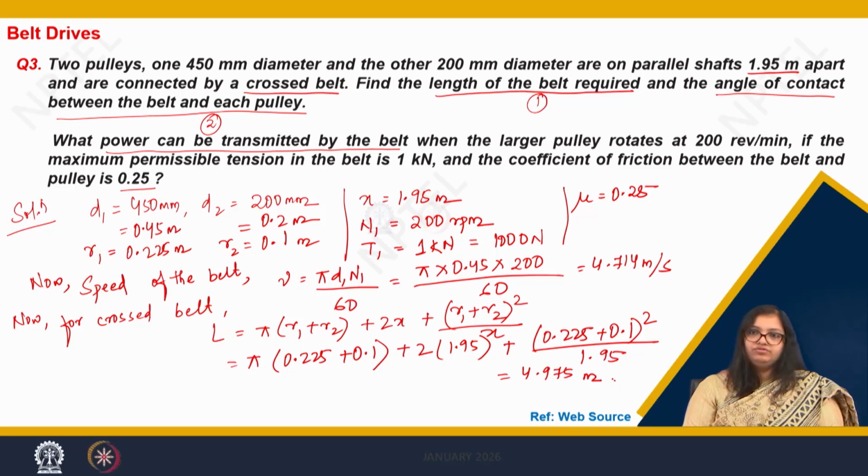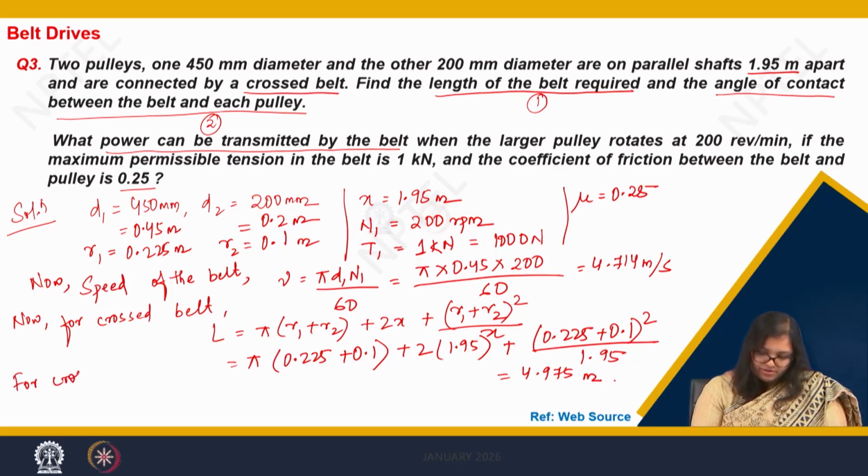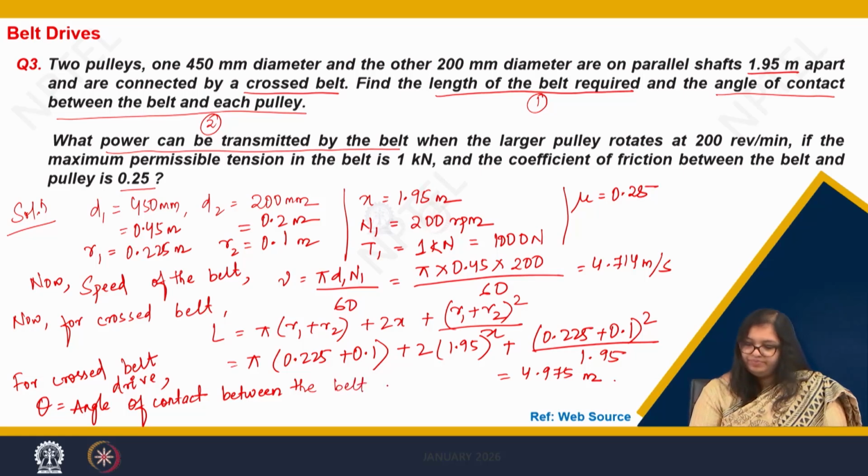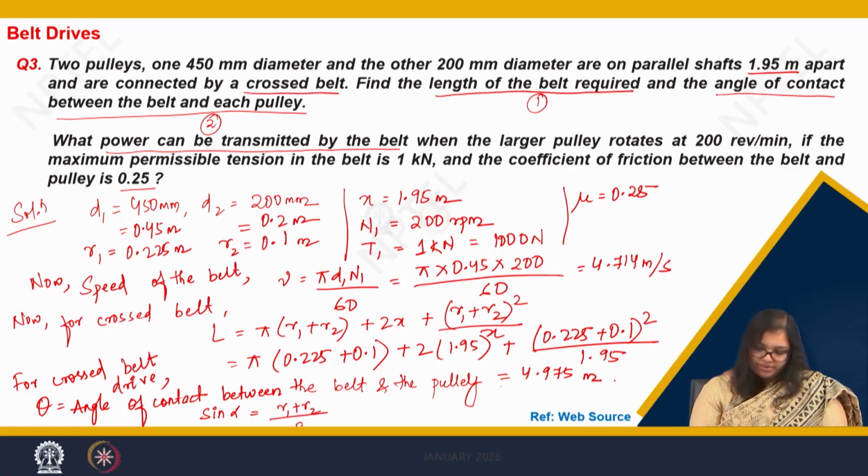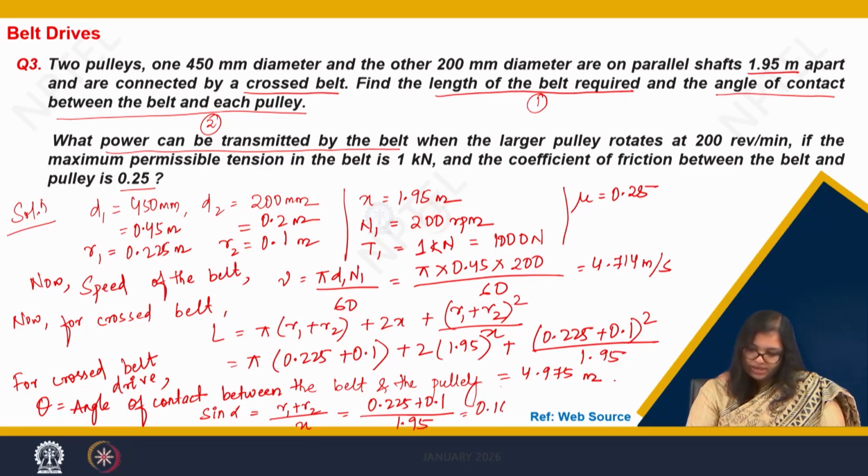Now, when we talk about the angle of contact between the belt and each pulley, given by theta, for a crossed belt drive, sin alpha is given as (R1 plus R2) by x, which is equal to (0.225 plus 0.1) by 1.95, which is equal to 0.1667.